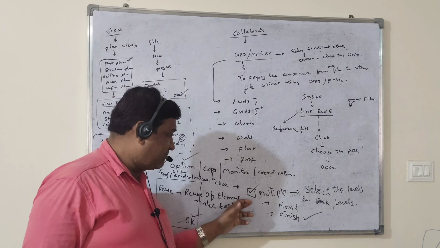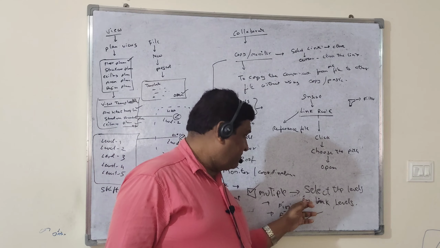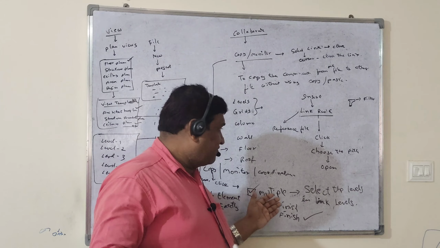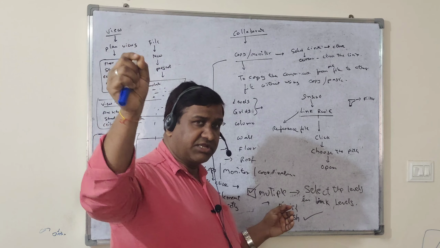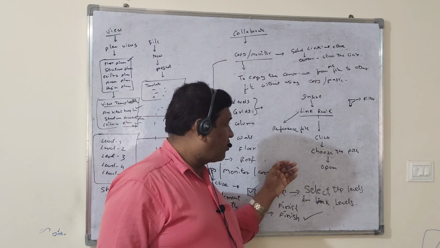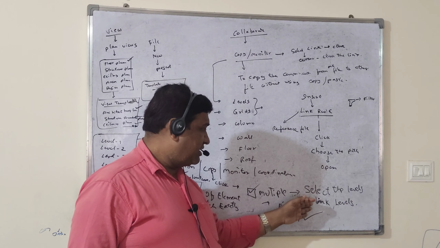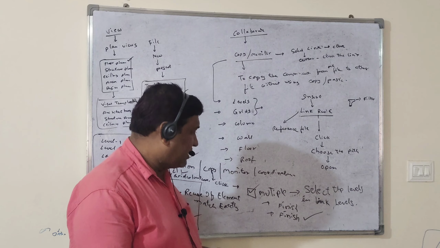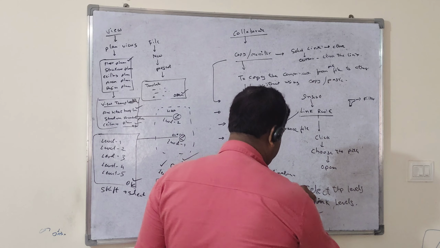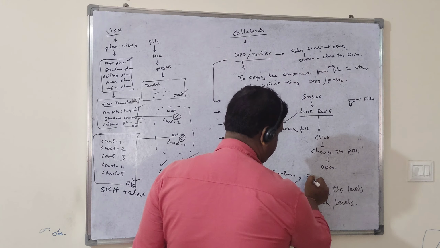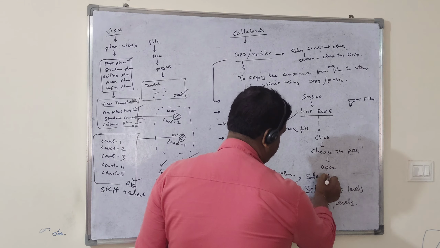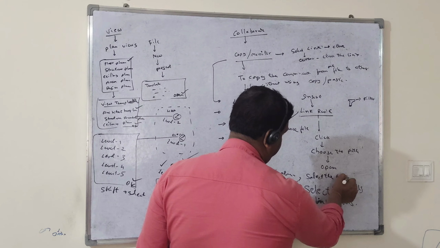You just put the tick mark on multiple, and with the help of multiple, with the selection, you put the copy of all the grids on the screen. So here, after selecting, you just go with the grids. Here you have to go with multiple to select the grids, same process.